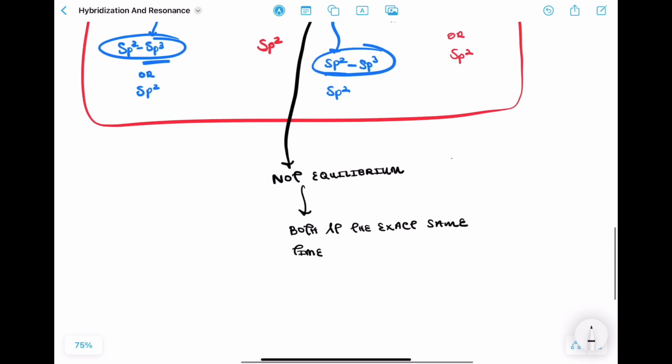We can't have sp3 in one resonance structure and sp2 in another for that same carbon.